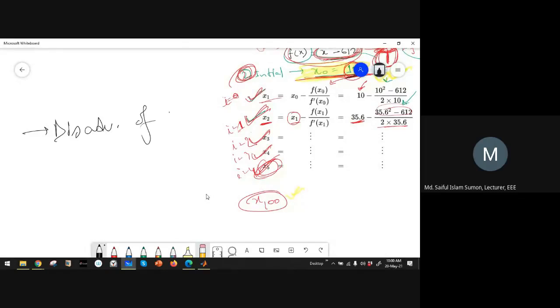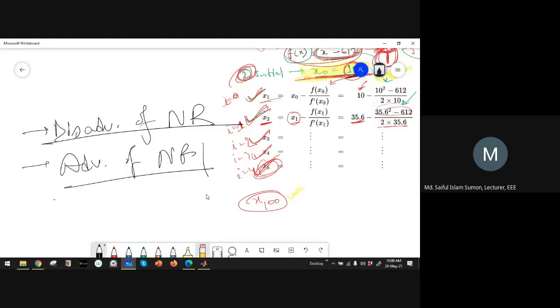I was telling one disadvantage of the Newton-Raphson method. Now I am telling one advantage of the Newton-Raphson method. Among the disadvantages, another disadvantage is that the Newton-Raphson method may or may not converge.